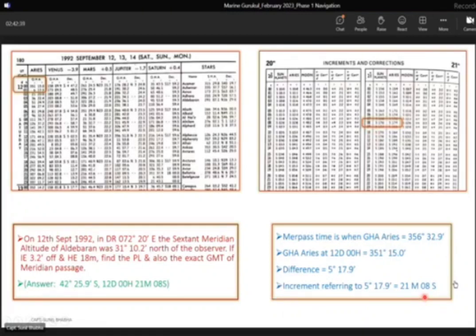This gives us the exact time when this GHA Aries would occur, and that time is 12th day 00 hours 21 minutes and 8 seconds. So this is the exact GMT of the meridian passage of Aldebaran on 12th September 1992.